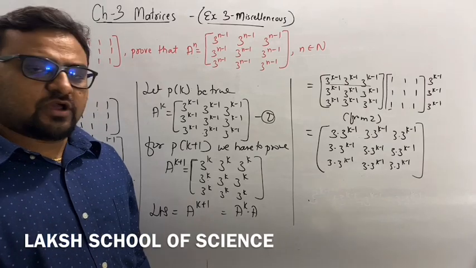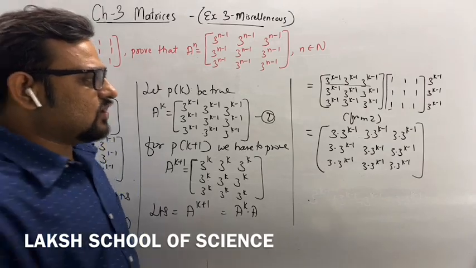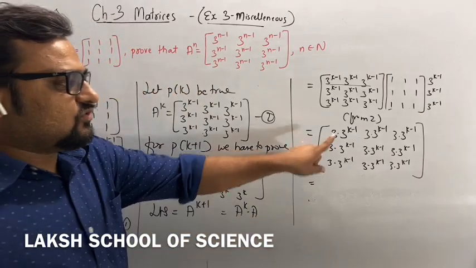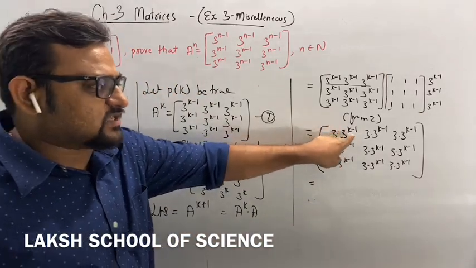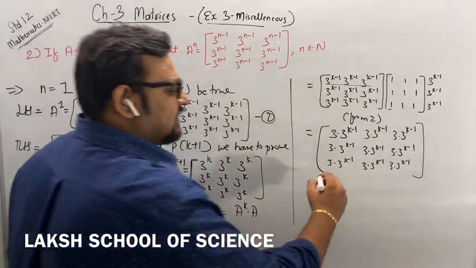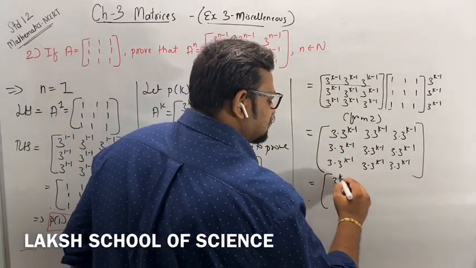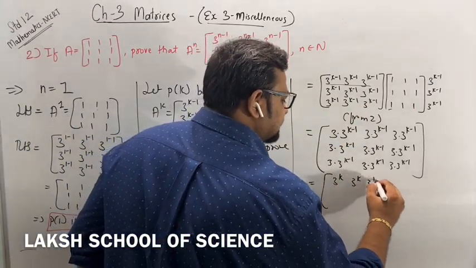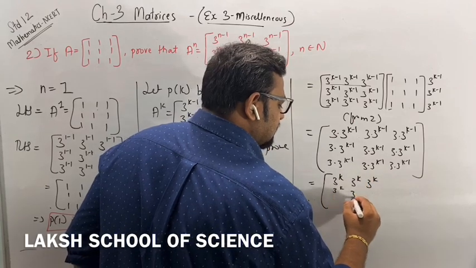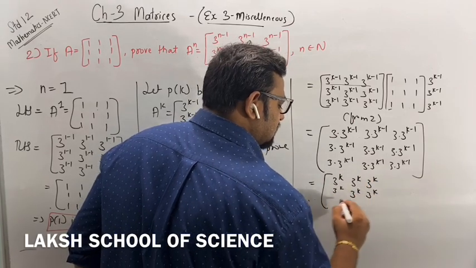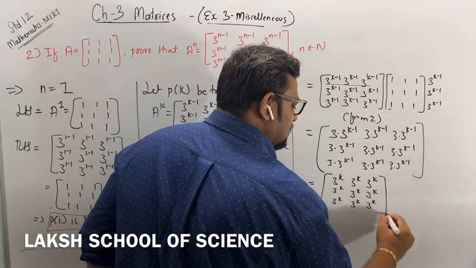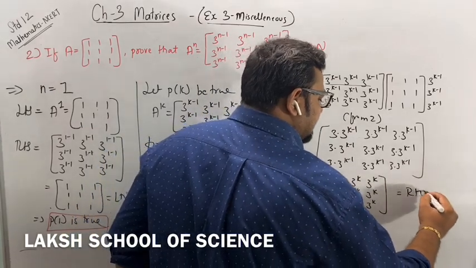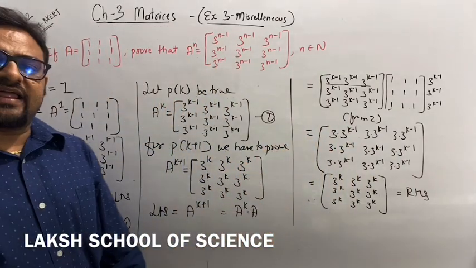Okay. So now what I can do, 3 means power 1 and k minus 1, so 1 plus k minus 1, k. So this will be equal to 3 raised to k, and this is equal to RHS.